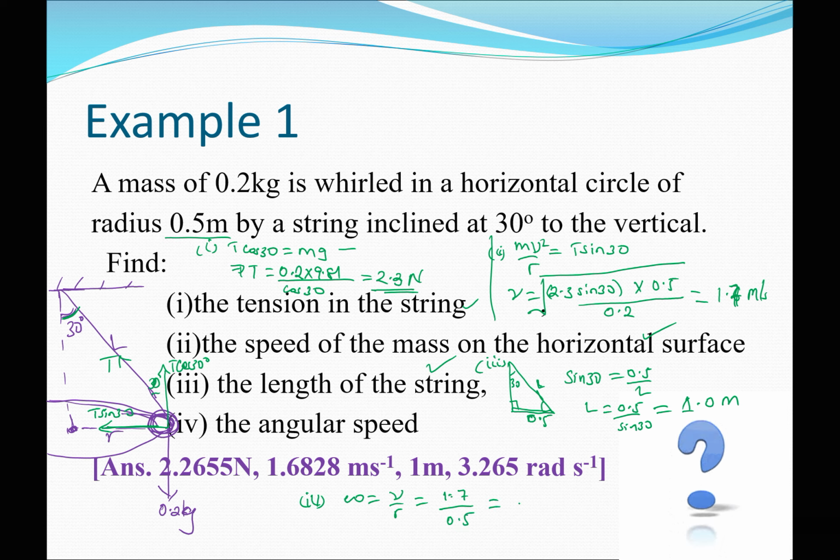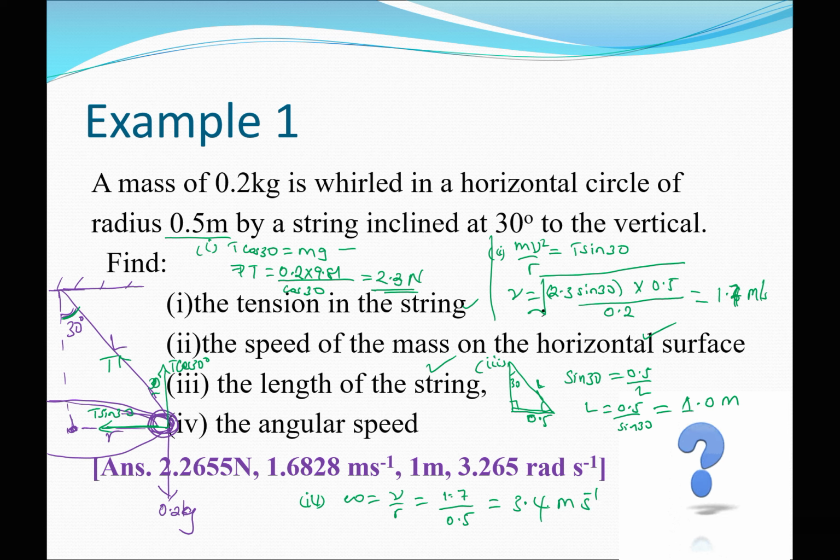So 1.7 divided by 0.5, this is twice of that, which is 3.4. So the angular velocity is going to be approximately 3.4 meters per second.